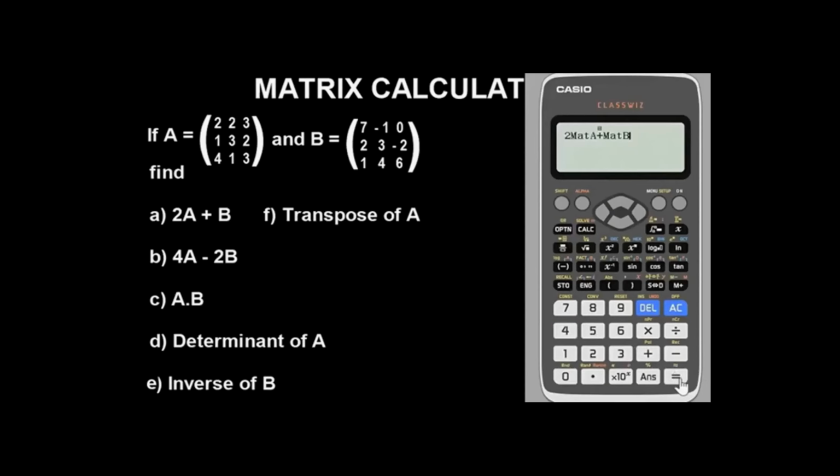That's it, right? Correct. So press equal to now and get the values. So guys, this is the answer to the addition of these 2 matrices. It's as simple as this.